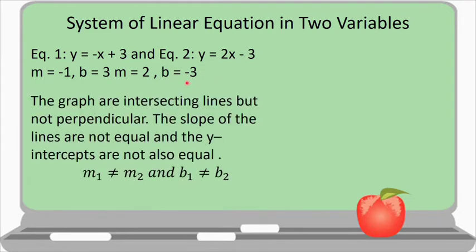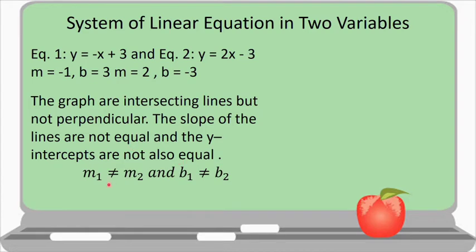If we are going to graph the equations, the graphs are intersecting lines but not perpendicular, meaning the angle formed is not equal to 90 degrees. The slopes of the lines are not equal and the y-intercepts are also not equal.